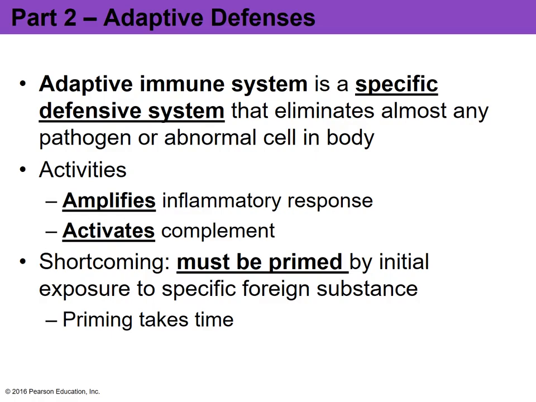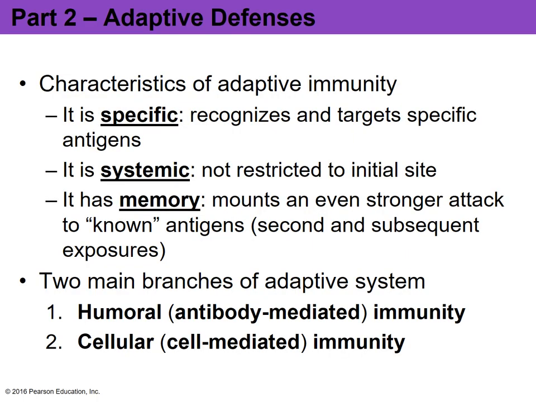But the first time you have been exposed to it, there's a lag delay. Like I say, it is very specific. It is systemic, so it's not isolated to where the initial entry point was. And it does have that memory response, so on any subsequent exposure, you're going to have an immediate response, and it's much stronger than the first response was.